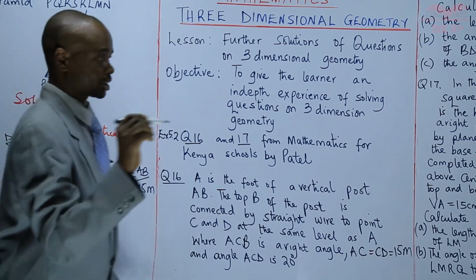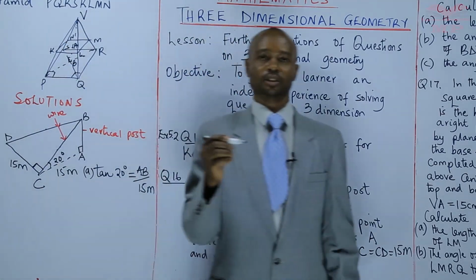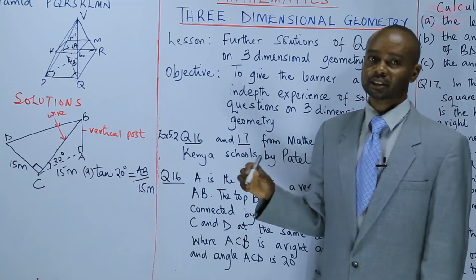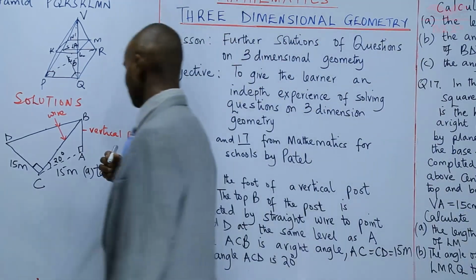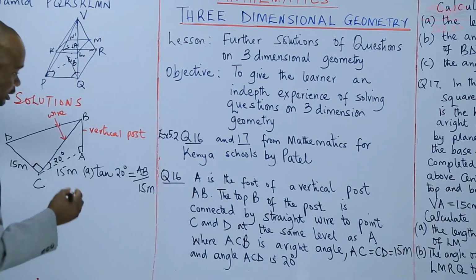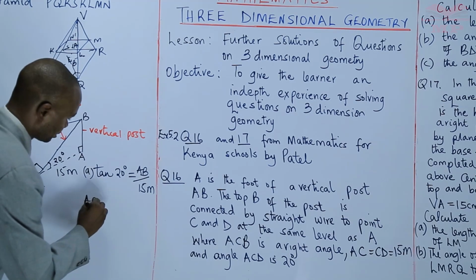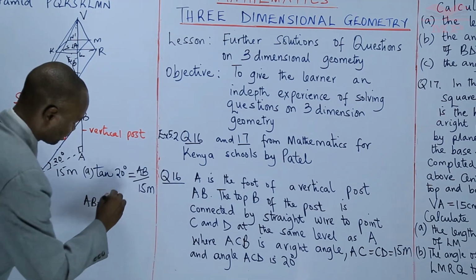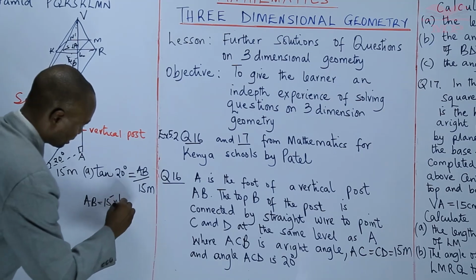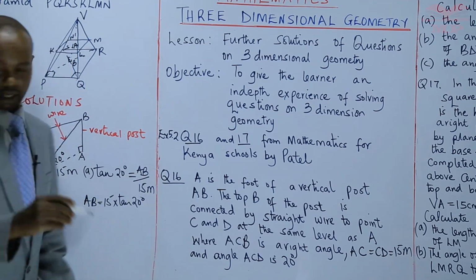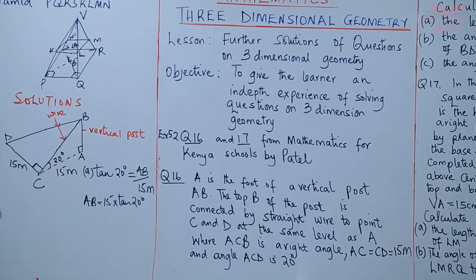That's why they say the prerequisite knowledge in this three-dimensional topic is trigonometry. You should know the tangent ratio, cosine, etc. Cross multiplying, AB is equal to 15 times tan 20 degrees.